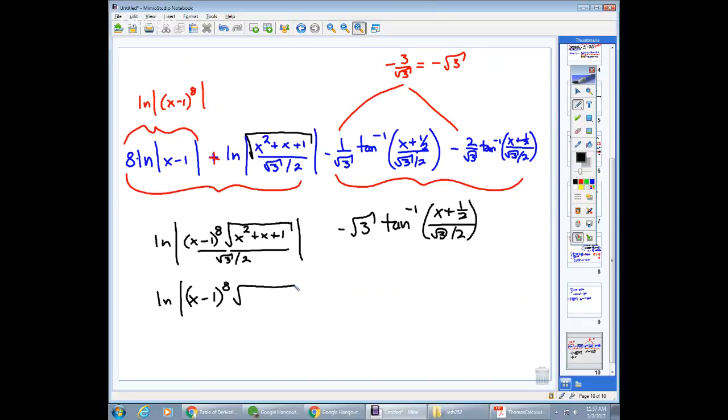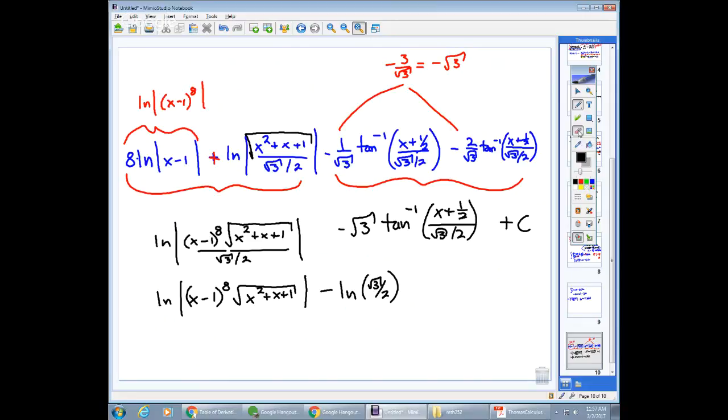So that's the square root of x squared plus x plus 1. And then the log of the quotient here becomes a minus the natural log of the square root of 3 over 2. Now keep in mind, don't we have a plus c hanging out here? So that can be absorbed into the plus c. So some solutions might not even show that at all because it's different by a constant. So we could just get rid of that completely.